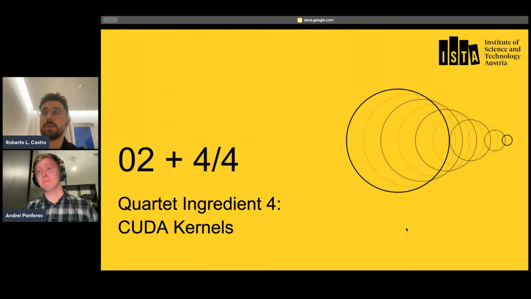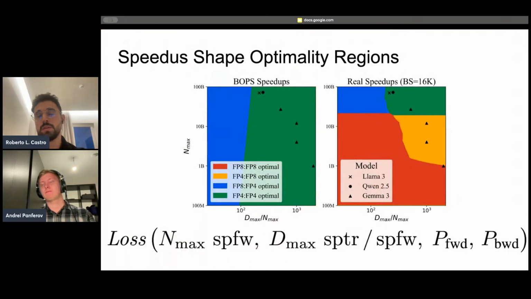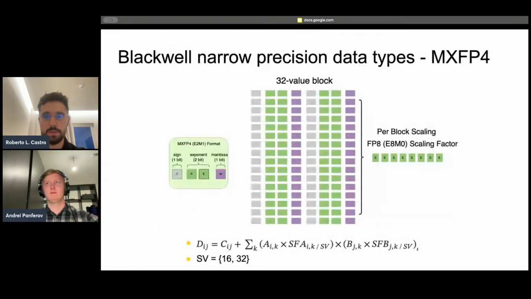We have invested a lot of time and we continue to invest a lot of time here, because as Andrei mentioned, the real speedups of our kernels are going to shape the optimality regions of our method. So the better the speedups, the larger this optimal region is going to be, and the more models are going to fall in this optimality region. So that's the reason why we continue working on them to optimize them further.